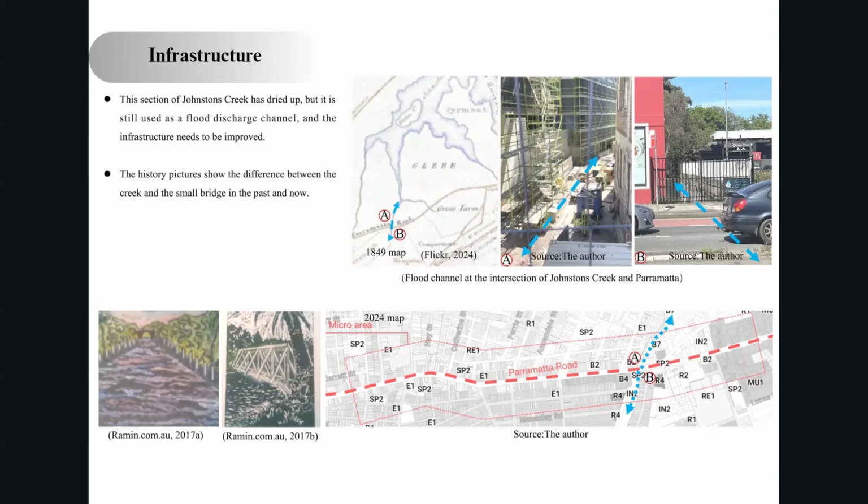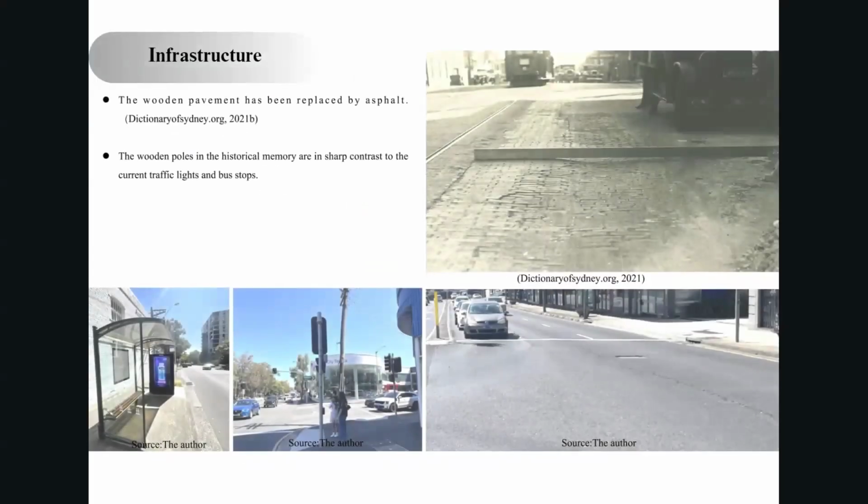The flood control function is also difficult to exist. The wooden pavement has been replaced by asphalt. The bus station has replaced the post station, and the old and new electric poles form a sharp contrast, but the memory of the history cannot be erased.